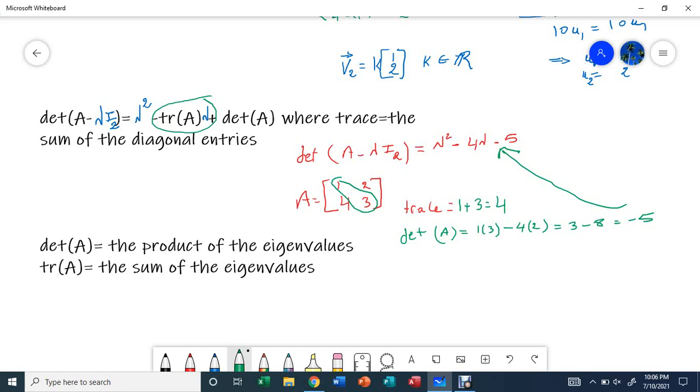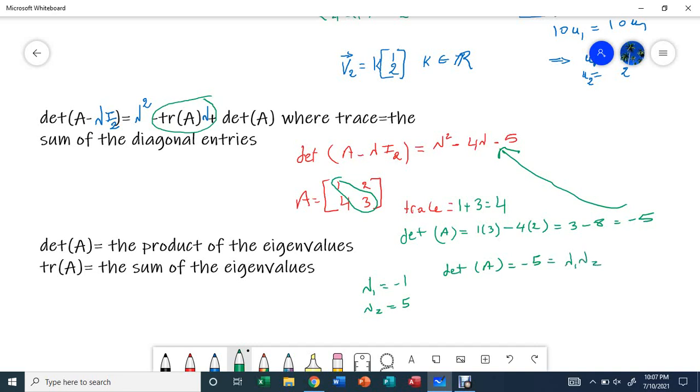And the product of the eigenvalues is equal to the determinant of A. In the last example, we found lambda 1 equals negative 1 and lambda 2 equals 5, and the determinant of A is negative 5, which is the same as lambda 1 times lambda 2.